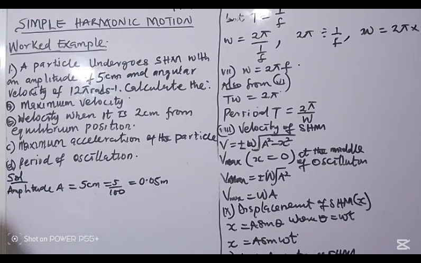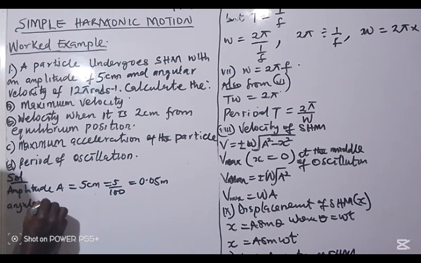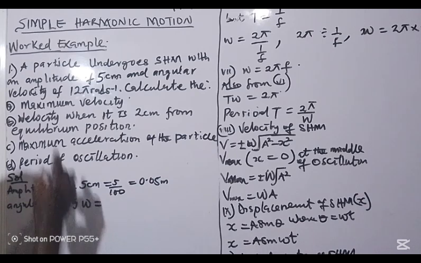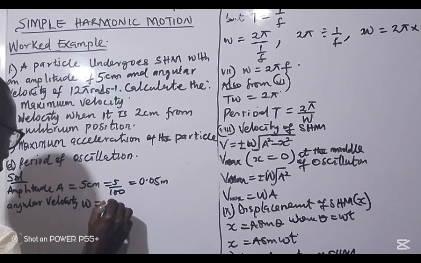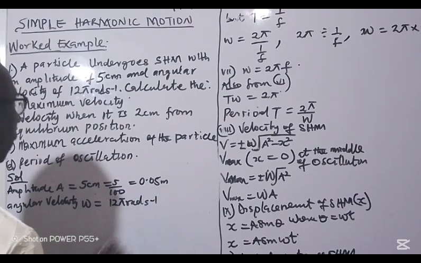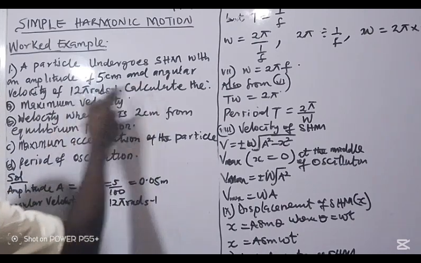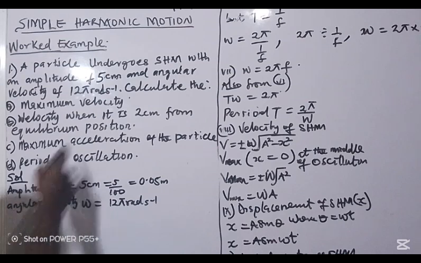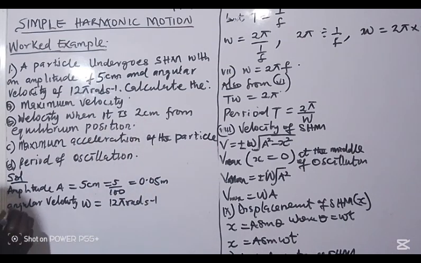So angular velocity, that is omega, is given as 12 pi rad per second. Then, according to question B, displacement from equilibrium position is also given.